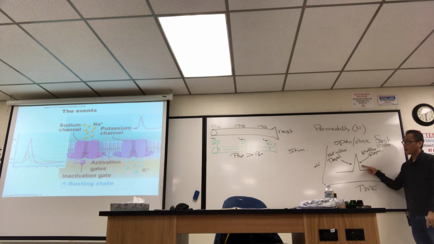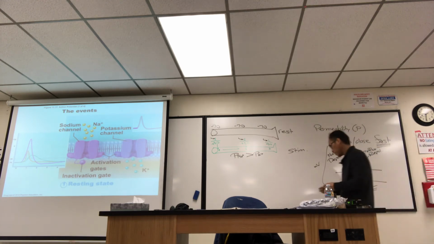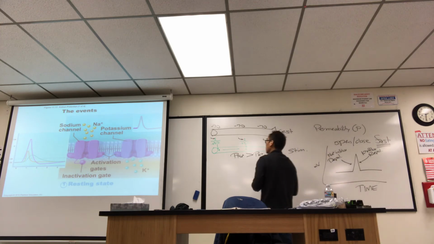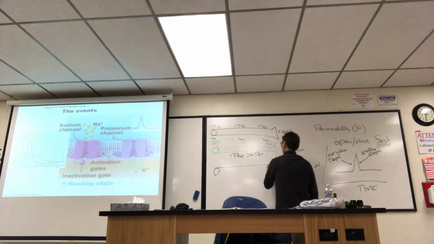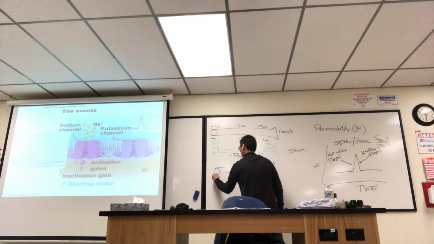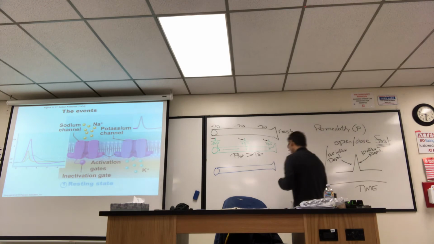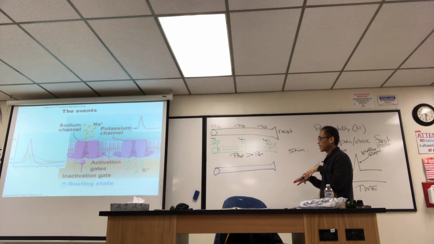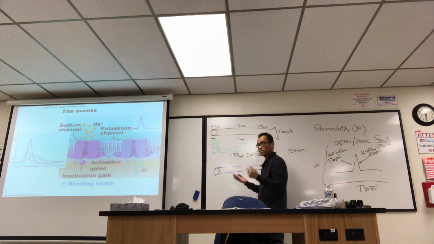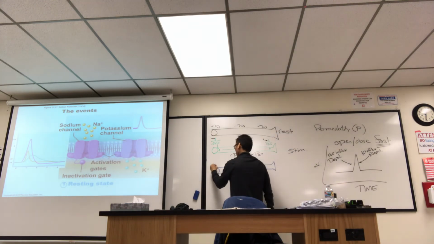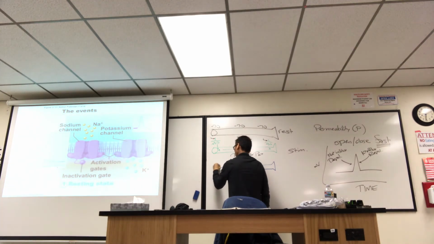Now, to repolarize, I want to draw the same thing again. The cell is actually going to get really negative on the inside. It's going to get to be like negative 75, negative 80, something like that. It's going to hyperpolarize, maybe negative 90.